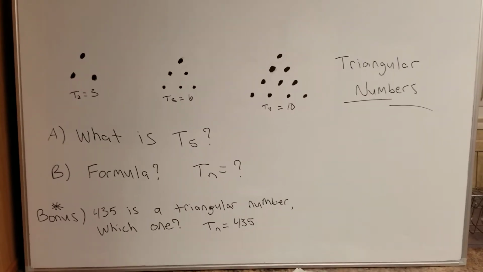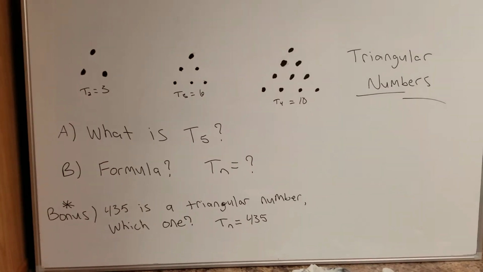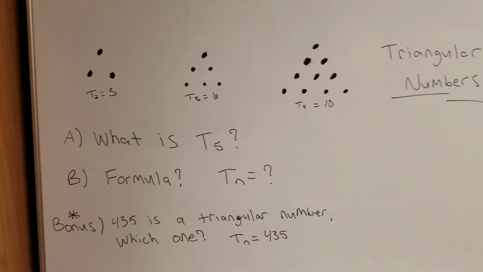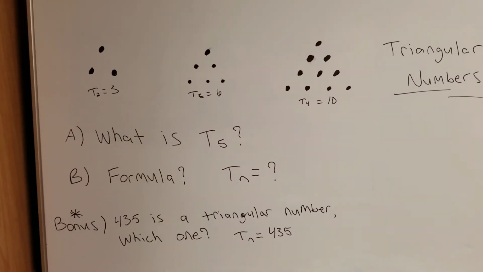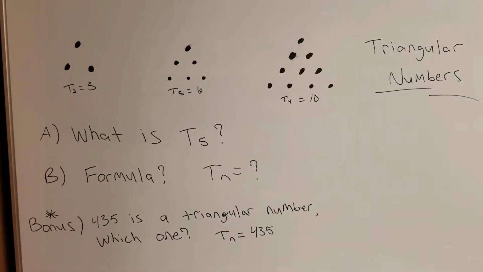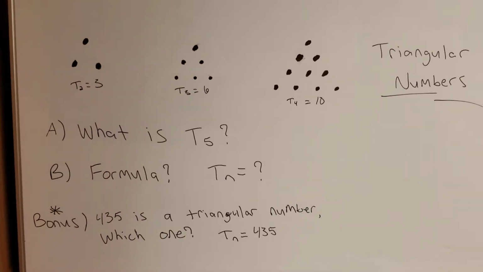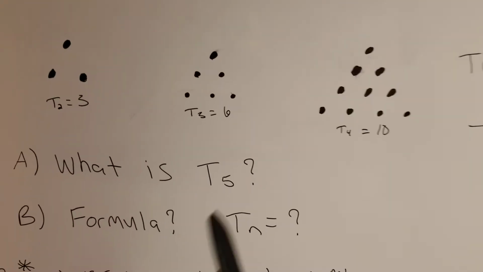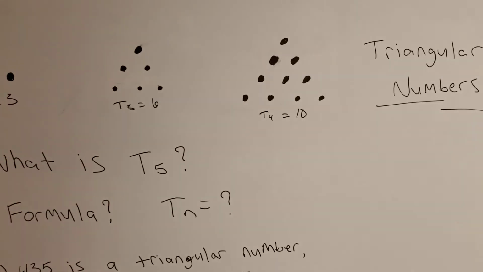All right, so these are the 2 problems that I want you all to work on, and then a bonus for anyone who feels up for the challenge. So the first one should be pretty straightforward and easy. What is T5? And what I'm really asking when I say what is T5, what does T5 equal?